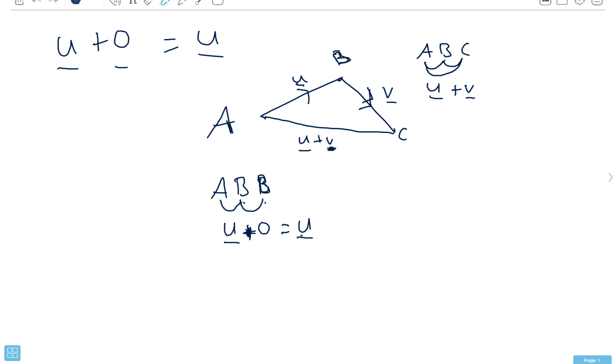Now we're going to use that again to prove u plus minus u is equal to 0. And remember, minus u is just the free vector with the same length as u, but in the opposite direction. So let's do this exercise again.